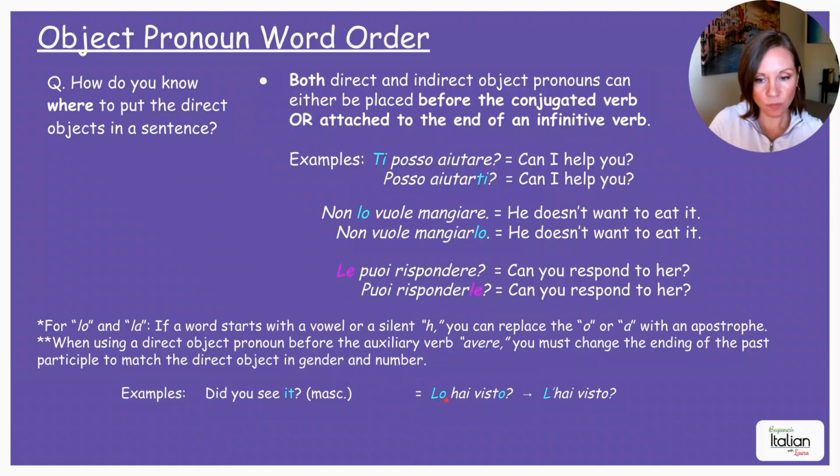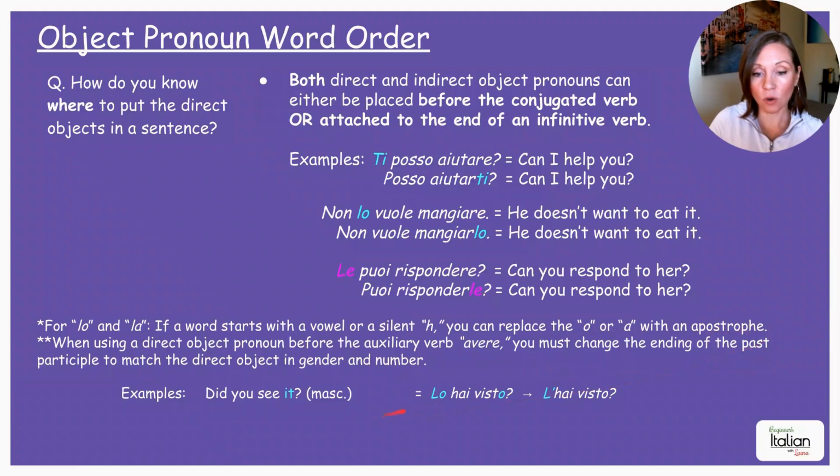"Lo hai visto." Okay, so you can say "lo hai visto," or you can say "l'hai visto." So you see how the ending, the O, is going to correspond with lo. And because it's either lo or la, you can replace the O or A with an apostrophe.